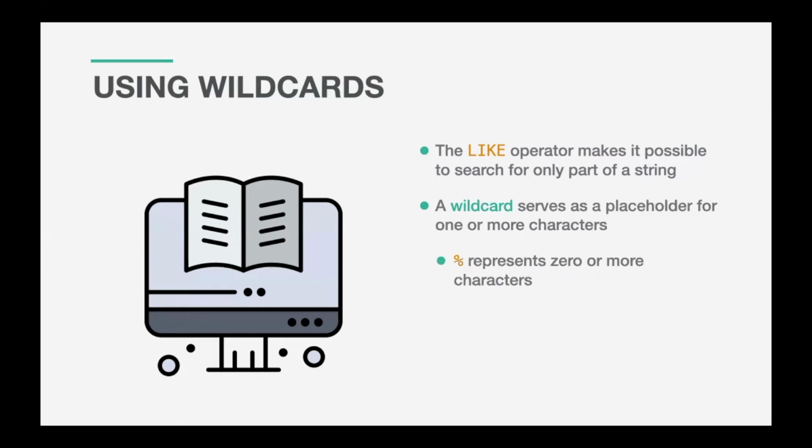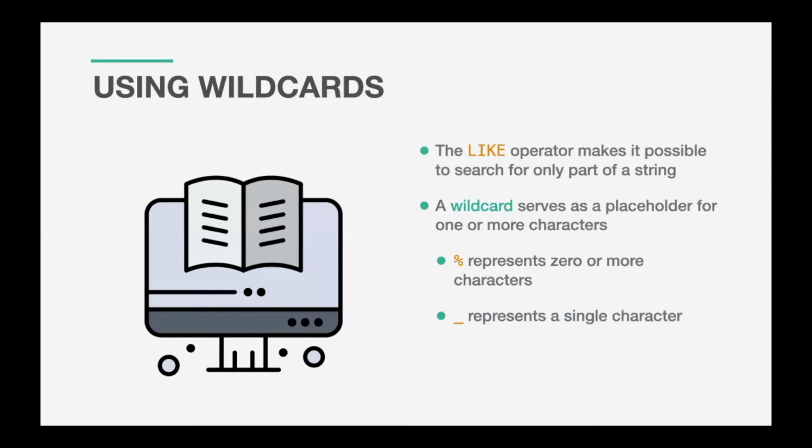Now we have two types of wildcards. The first one is the percent sign, and this is generally the one we use the most often, and this will represent 0 or more characters. So anytime we want to search for a specific word within a larger value, we would use the percent sign, and we could put it on either side of the word we're looking for, and that would say, okay, look for this word anywhere in the title.